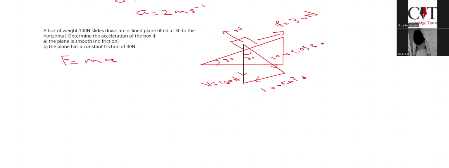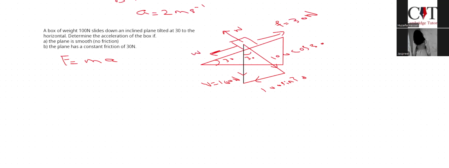We can guess the object is coming downward like this, and this is the only force acting on it, nothing else, since there is no friction. So the force responsible for the object coming downward is W sine theta. Yes or no? Yes.